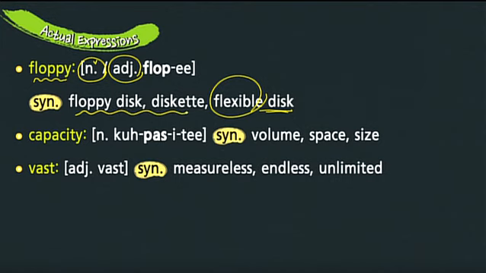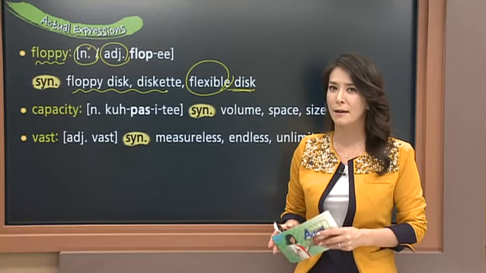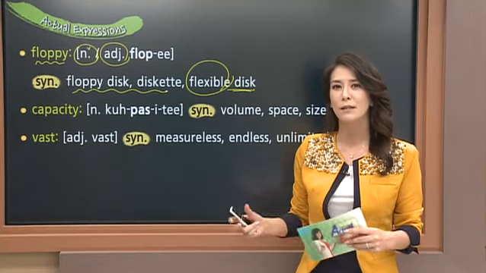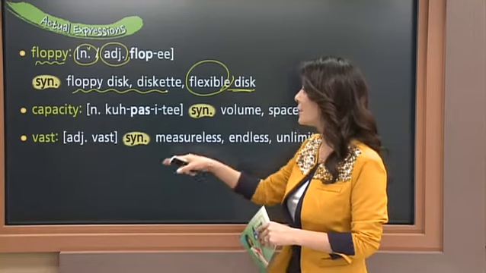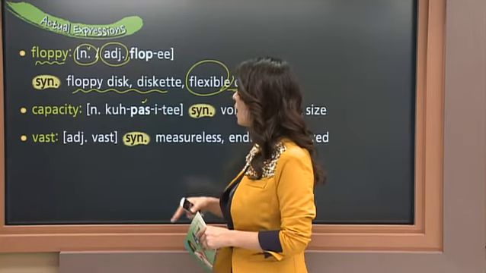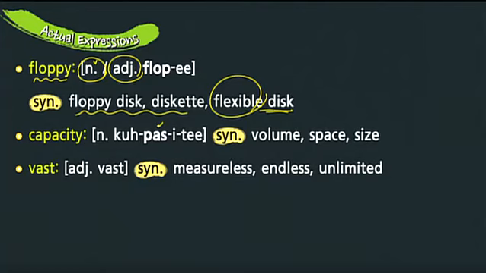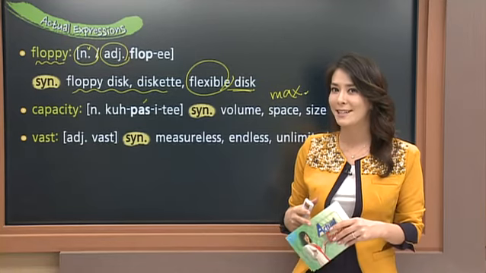And then capacity is basically the maximum amount or number of a thing that can be stored or contained. So capacity, the stress goes on the second syllable, and some synonyms are volume, space, and size. But keep in mind, we're talking about the maximum degree, maximum volume, maximum space, or maximum size that can be stored or contained.